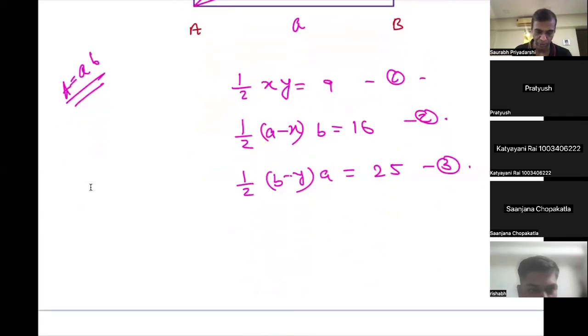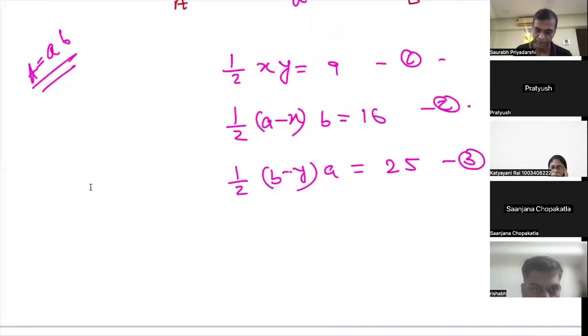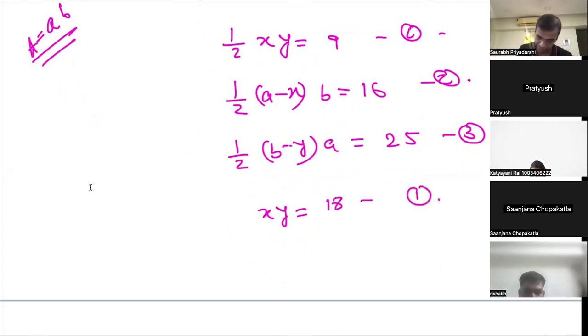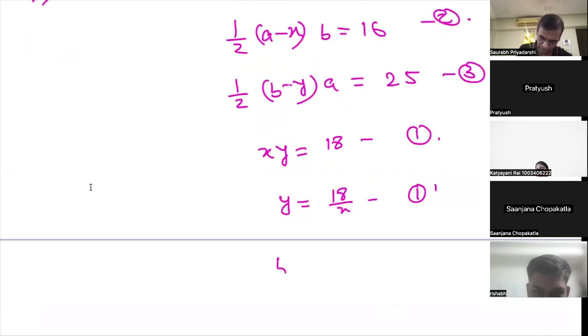So I'm able to find out the entire thing. This is xy is equal to 18. From the second, I can put x in terms of y, or in the third, I can put y as 18 by x. So this is (B minus 18 by x) into A is equal to 50.